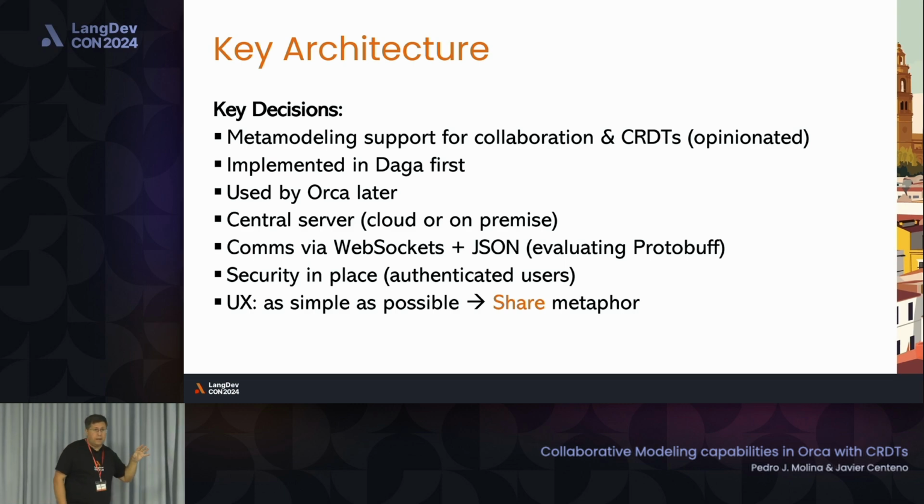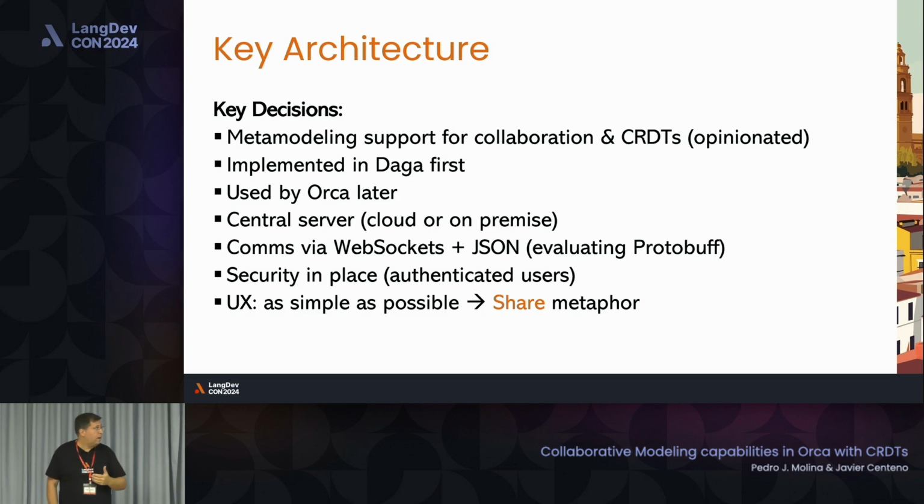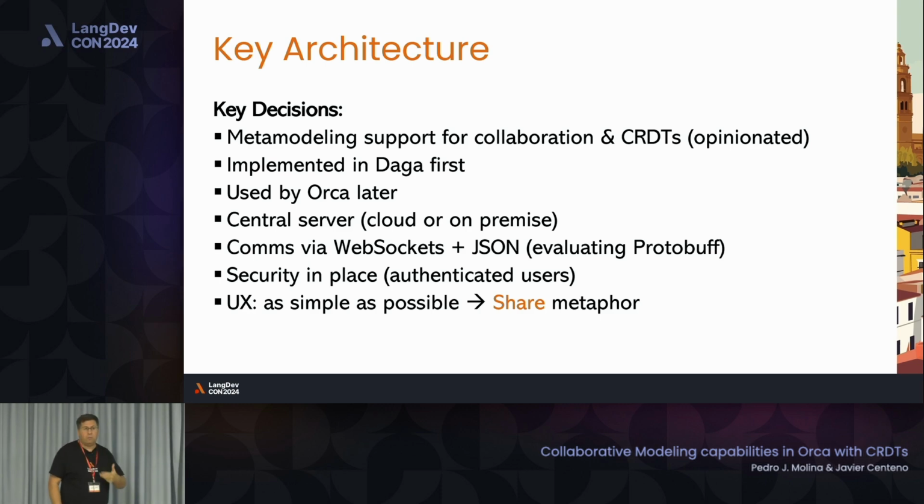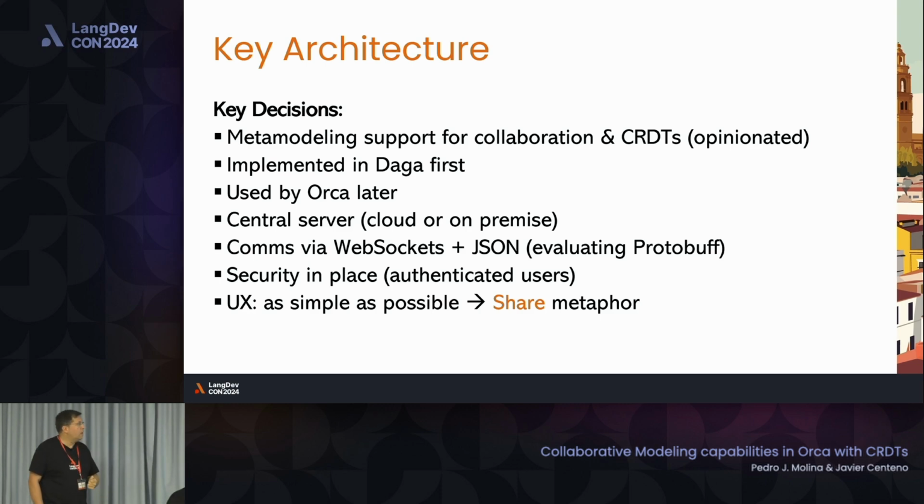Orca is the first real application we have for it. But the way we decided to do it in the common library means that all the future graphical DSLs we build later will have this capability ready to be used at lower cost. Then we use it in Orca, as you have said.